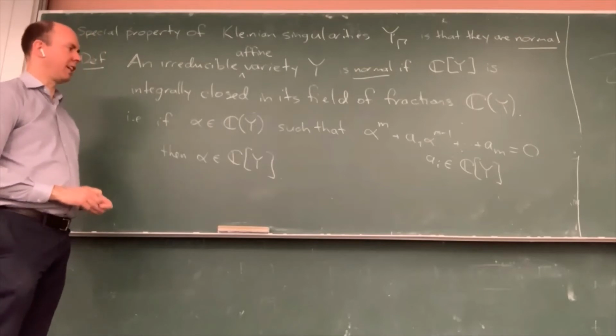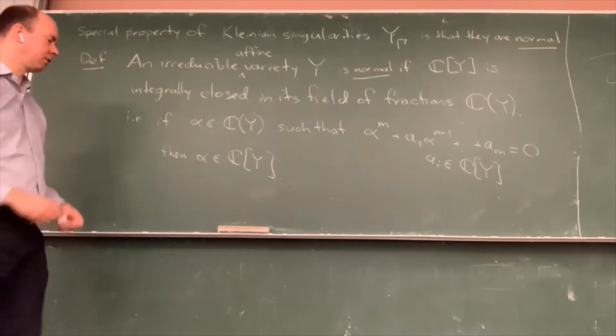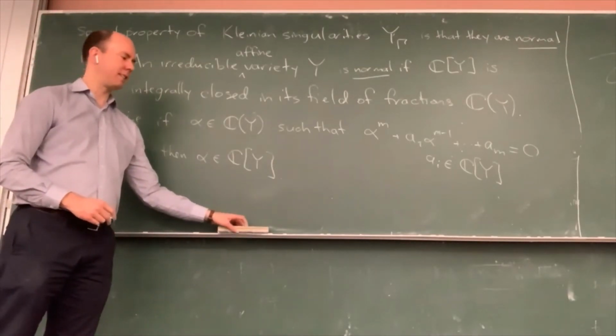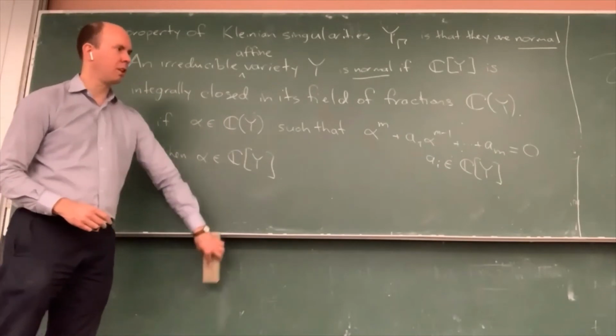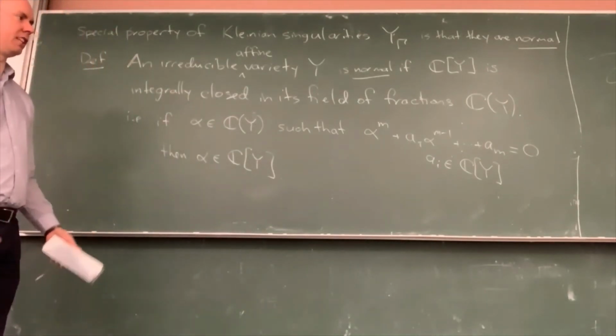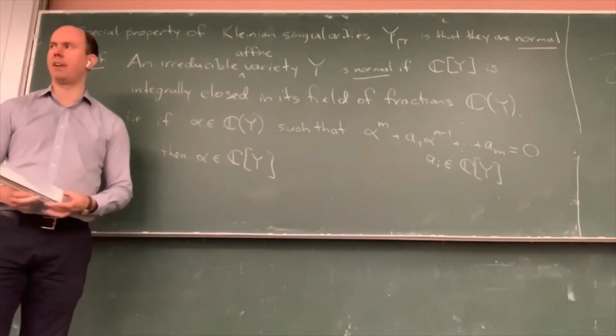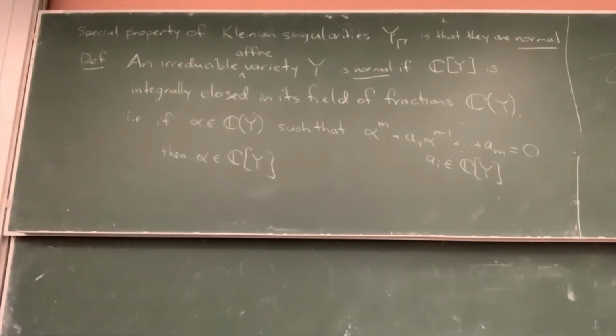So this looks like some slightly funny commutative algebra condition, but it turns out to be quite a naturally arising condition when you start thinking about singularities. So the classic example of a non-normal singularity.